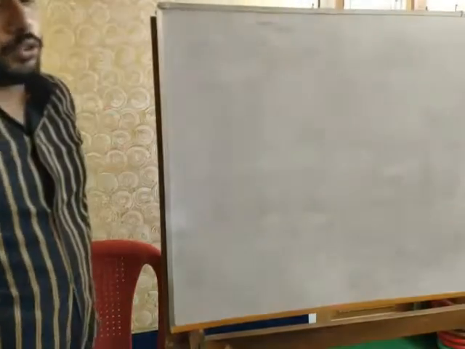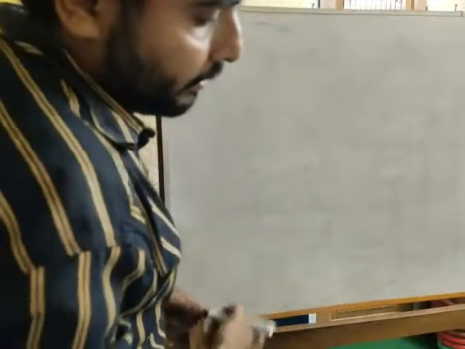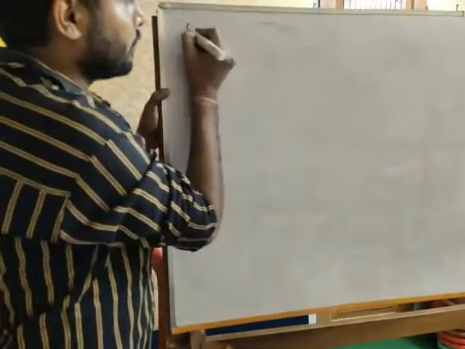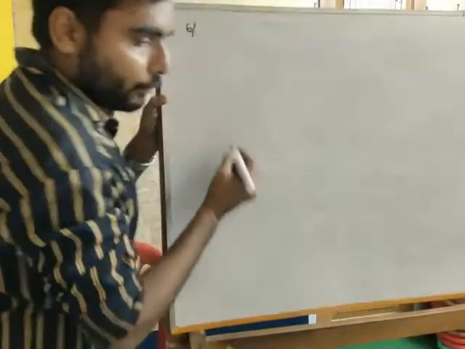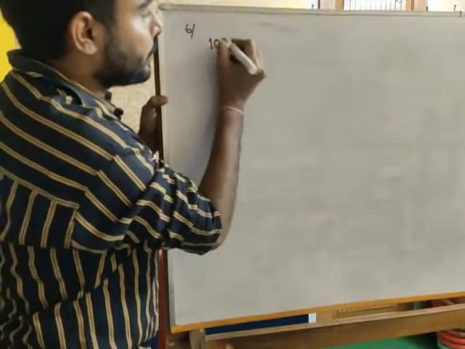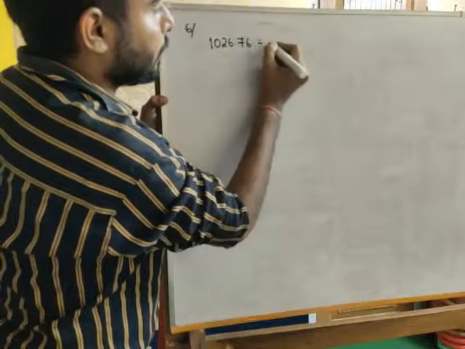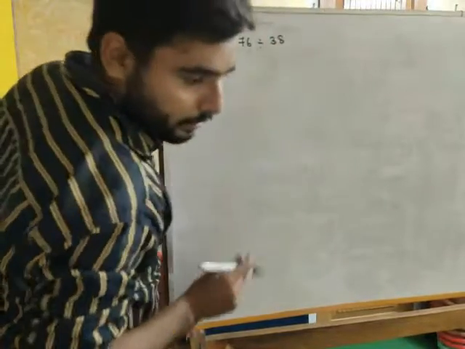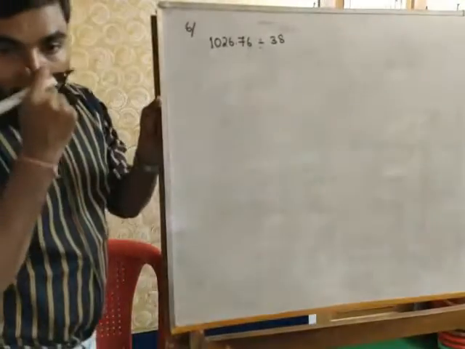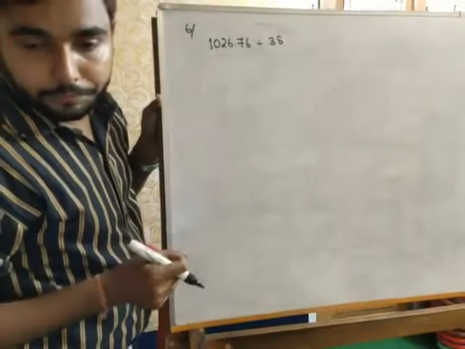Okay. So, number 2 is number 6. You all can see we need to divide 1026.76 by 38. Okay, is that clear, everyone?